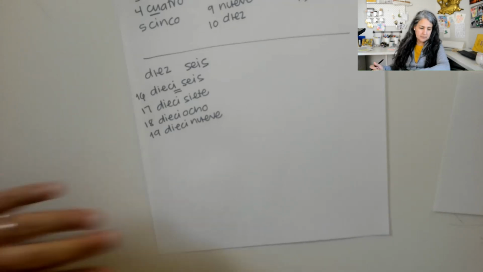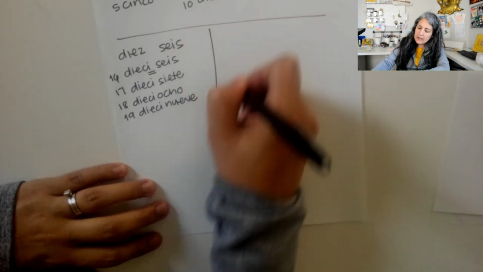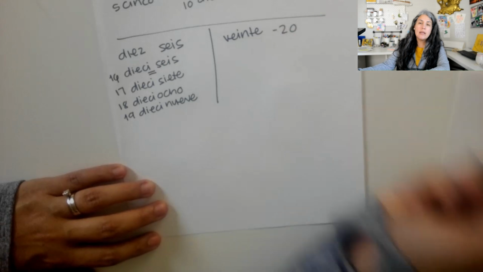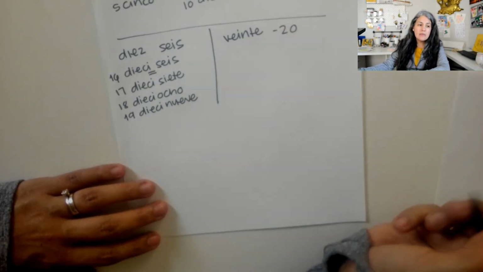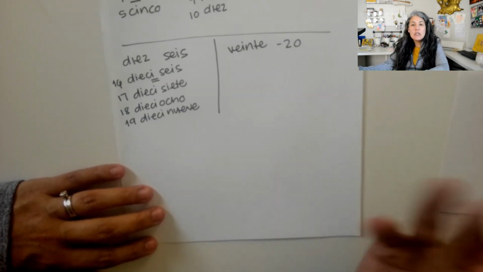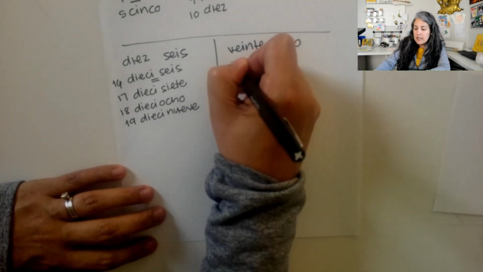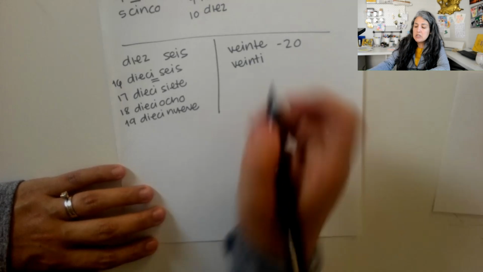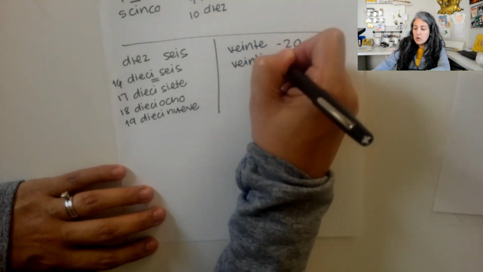Starting from 20. 20 is 20. That is 20. So if I want to say 21, we say 20. And we kind of do something to the E. We change it to an I. 21.